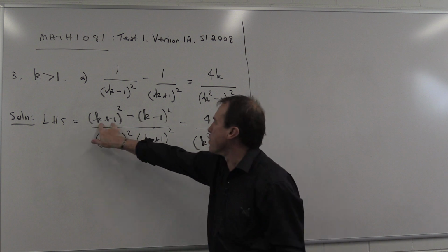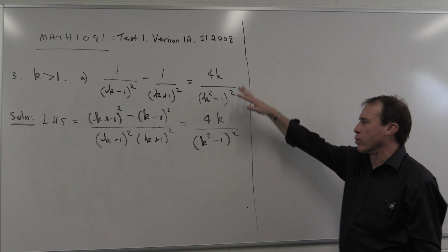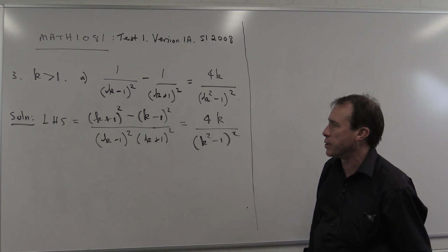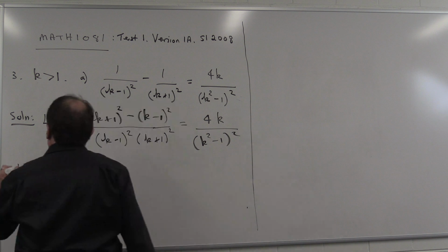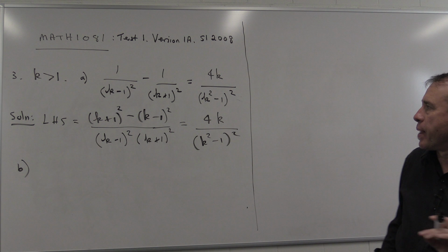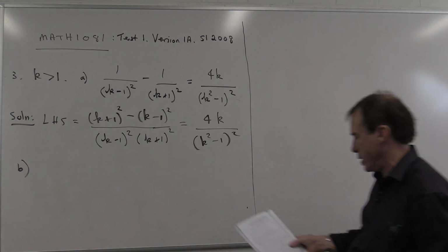I get a 2k from there, minus 2k is 4k. You don't need to put all the steps in, that's sufficient. Because what we're aiming to do now is to use this identity that we've just found to sum a series using this technique called telescoping series.